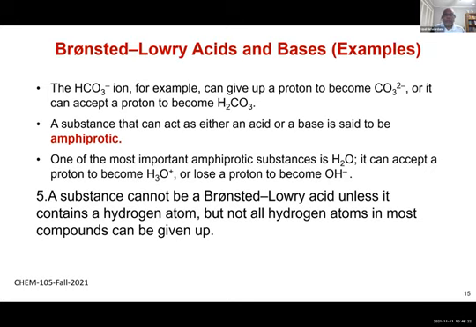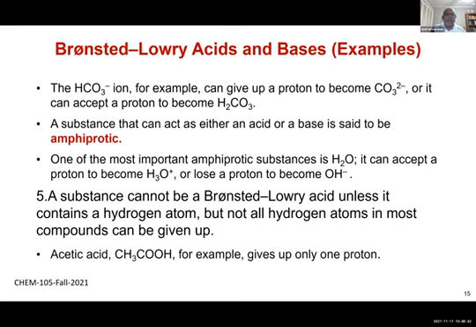To be a Bronsted-Lowry proton donor, an acid has to have a hydrogen atom that can be broken off. Acetic acid, for example, gives only one proton.